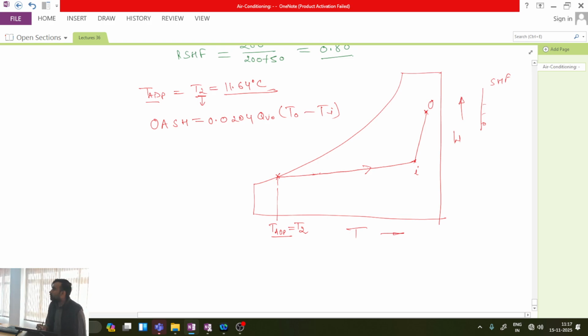QV naught is given how much? 100 cmm. Okay. So if I substitute over here 100 cmm, and this is 45, this is 25, how much will I be getting for OASH? Tell me the value for OASH. 40.8 kilowatt.